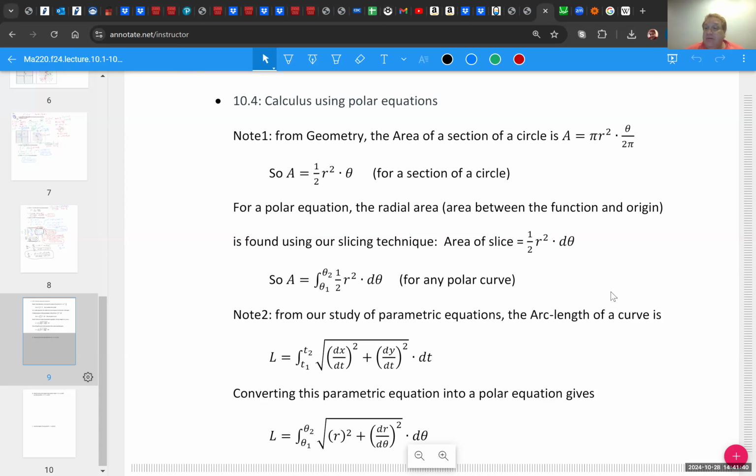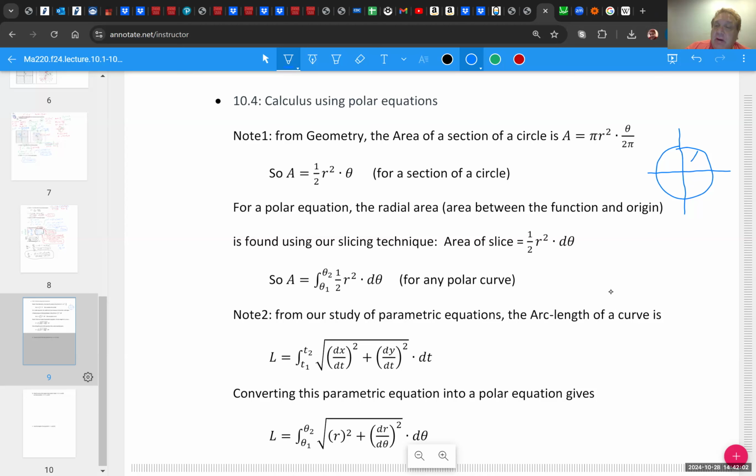Okay, so the first thing is that from geometry, if you remember all the way back in geometry, we had the area of a section of a circle. The area of a complete circle, you might remember as pi r squared, right? But if we take just a portion of that circle, it will be a portion of pi r squared.